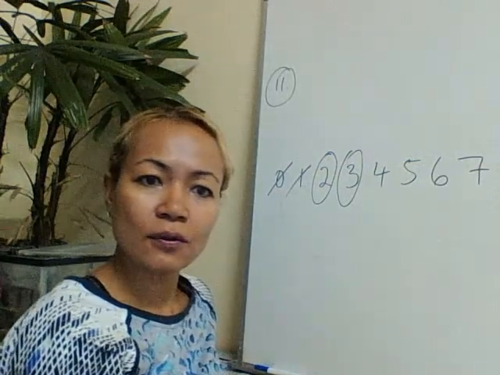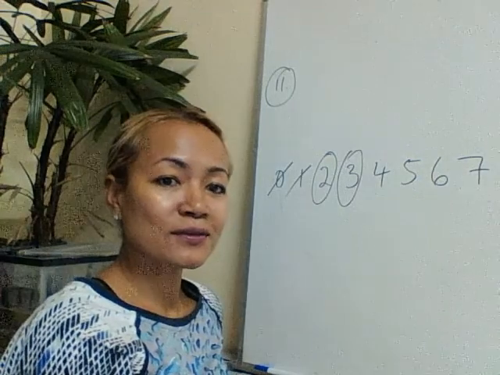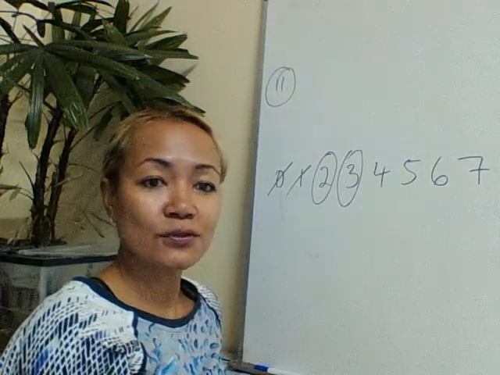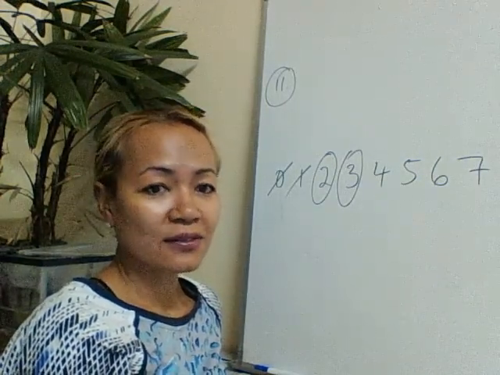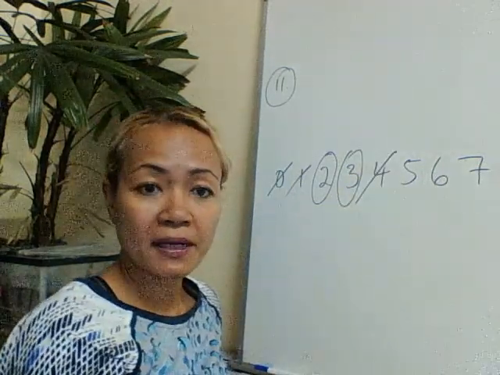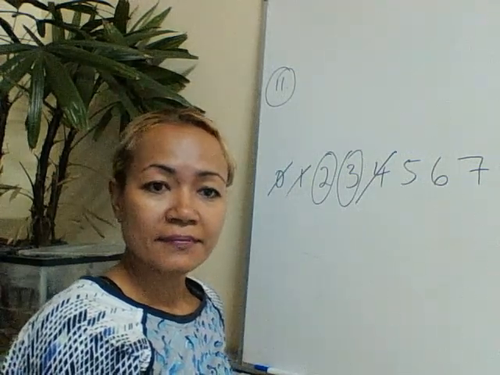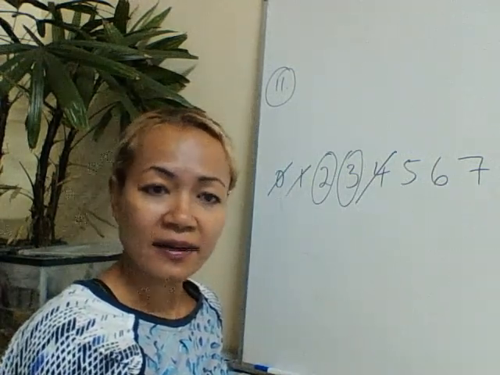What about 4? 4 times 1, yes. But 4, you can also get 4 through 2 times 2. So that's not a prime number. What about 5? 5 times 1? Yes. Can you get 5 any other way?